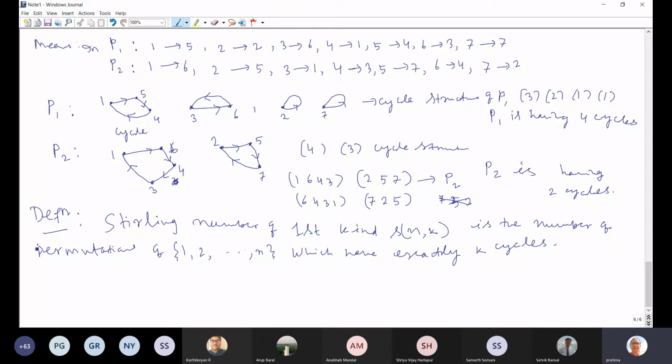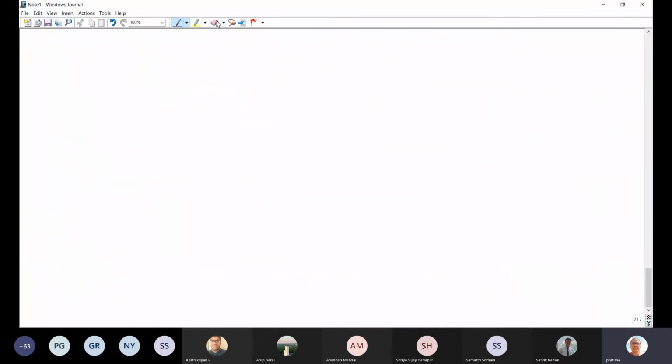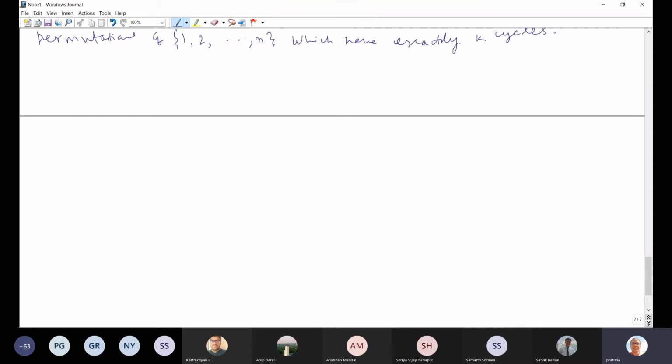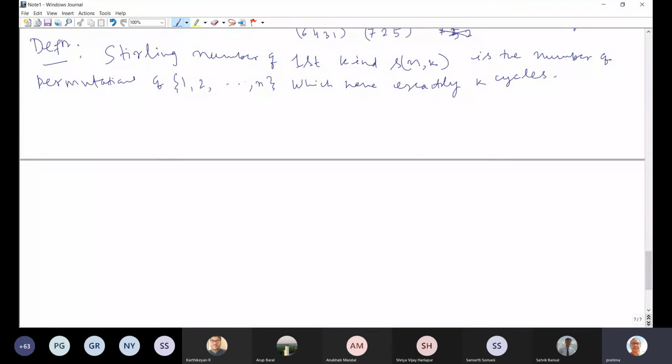Look at this example. Let me scroll down, go to next page. So here, what will be the value of small s(3, 1)?